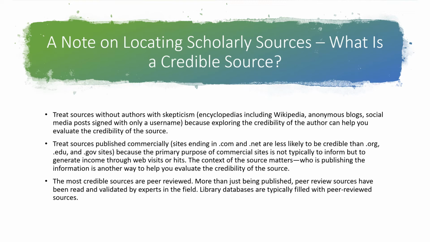These are things that don't have authors. Because exploring the credibility of the author can help you evaluate the credibility of the source. That is, the credibility of the source is only as reliable as the credibility of an author. If an author has some certain bias because of who they are, you need to be able to identify that. If they have certain expertise, right, that can help you establish credibility.